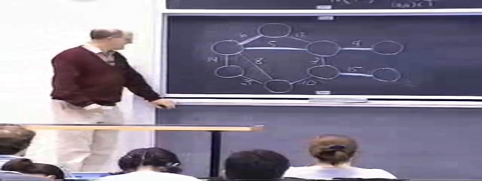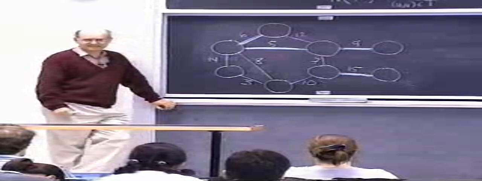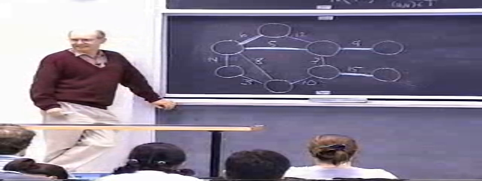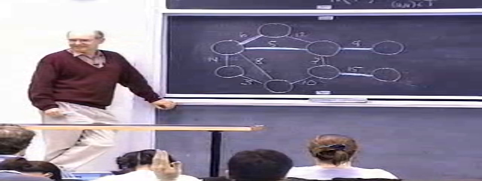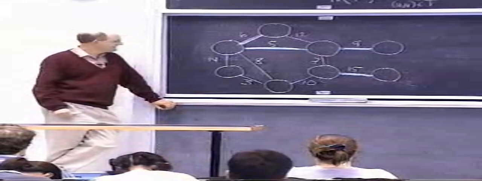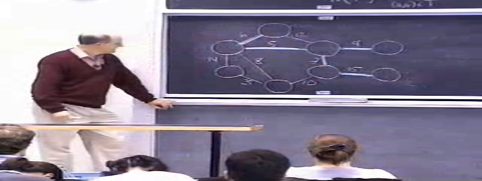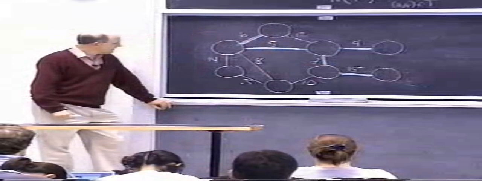Okay. What else here? 7. So why do you think 7's in? Otherwise you'd end up connecting it through here, so no matter how we get these connected, it's always going to be cheaper to do this one. Right? So we had a choice of those two edges.